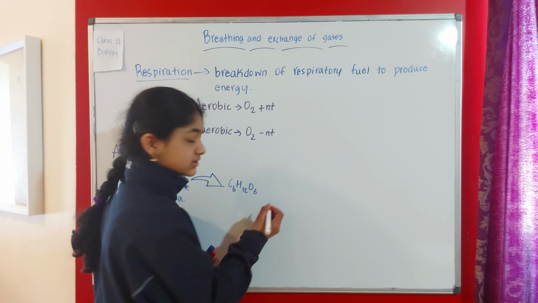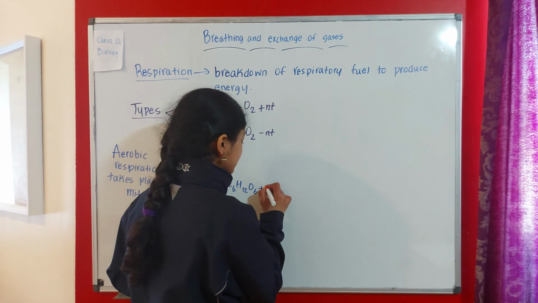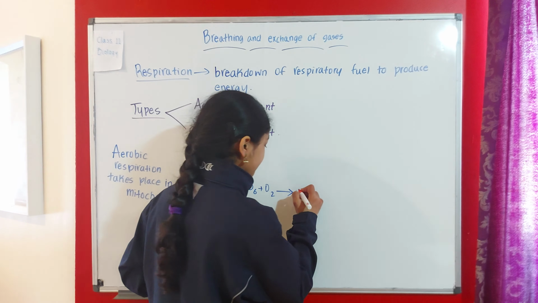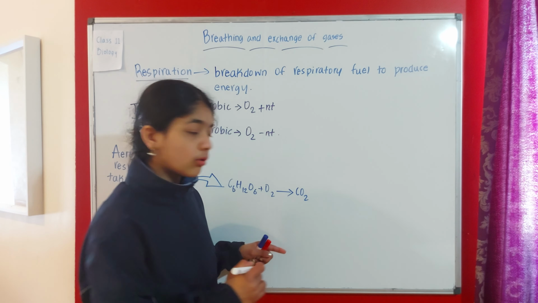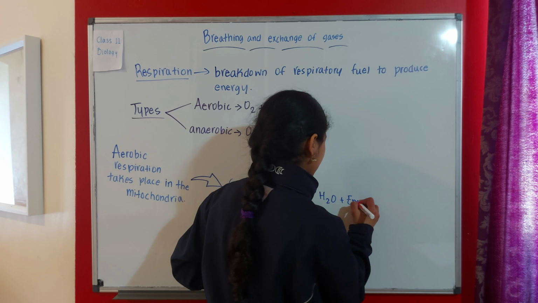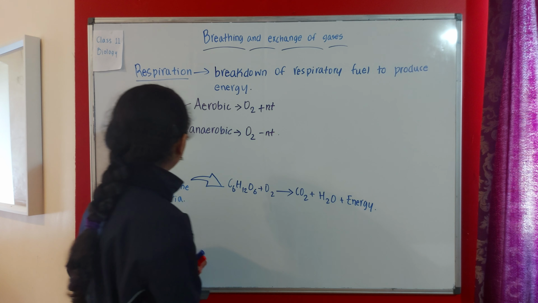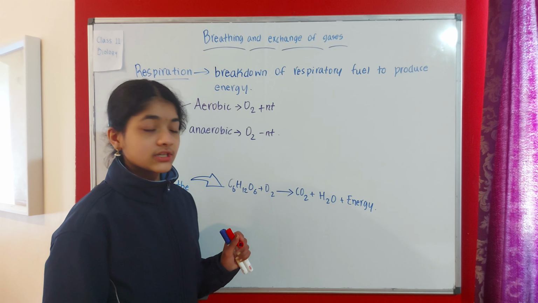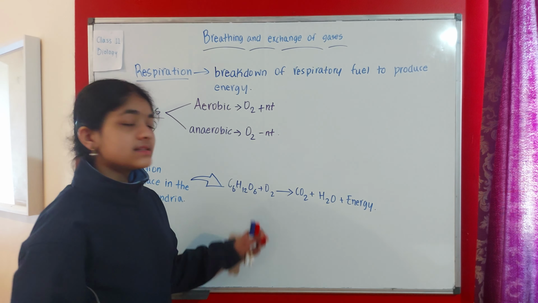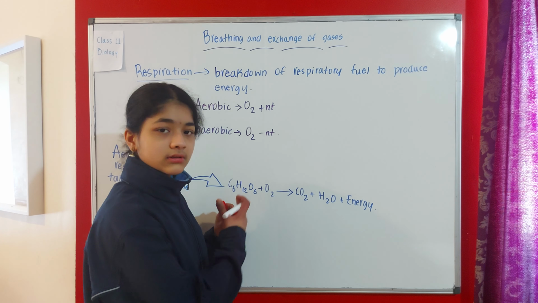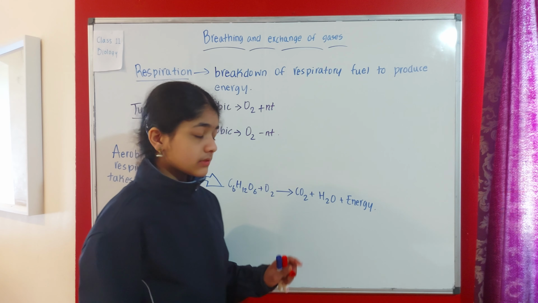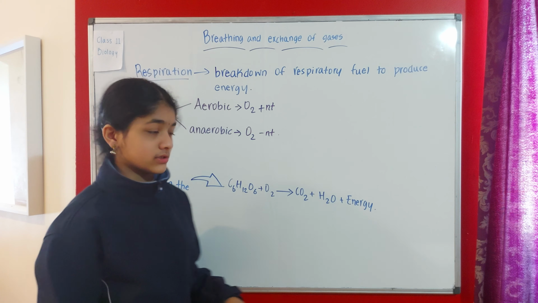This glucose combines with oxygen and results in the breakdown to carbon dioxide, that is CO2, water, that is H2O, and energy. Energy is in the form of ATPs, adenosine triphosphates.